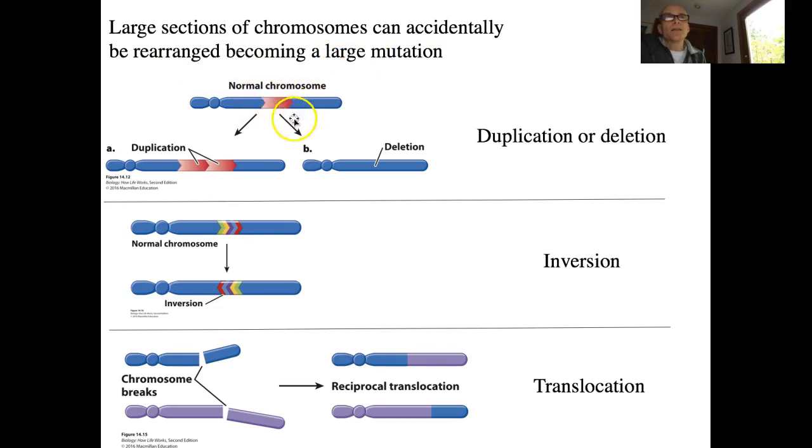So this shows a normal chromosome with this particular stretch of DNA. And as it appears from sequencing chromosomes from different organisms, individuals of a certain species, it has been found that there are chromosomes that can also be found to have a duplication of that region. How strange, right?